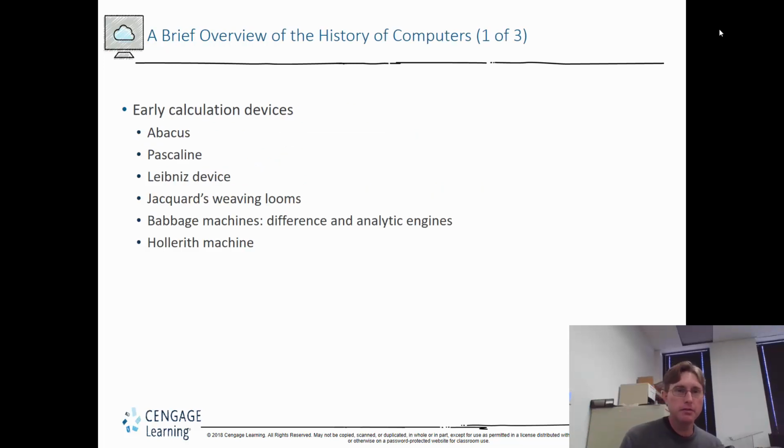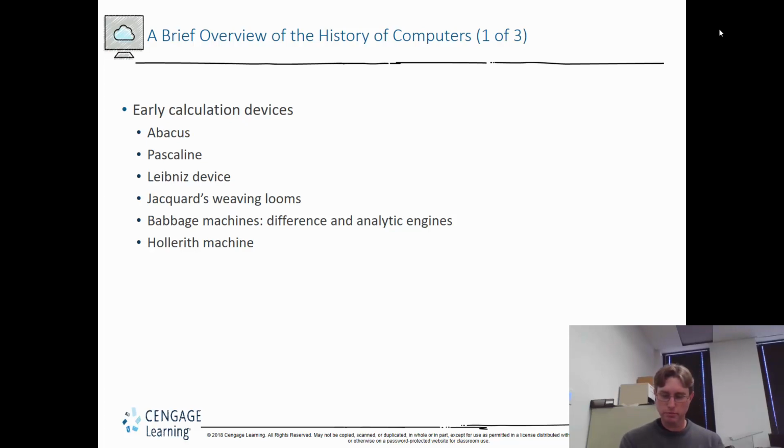Let's talk a little bit of history, right? Before we had electronic computers, people invented different types of mechanical devices that could help with things like calculations. Are you familiar with these?